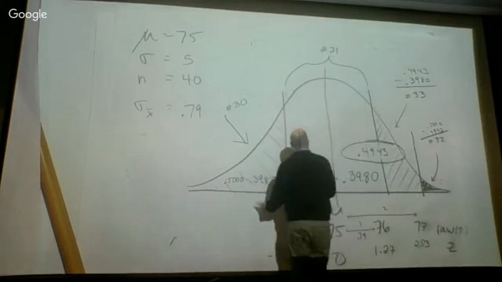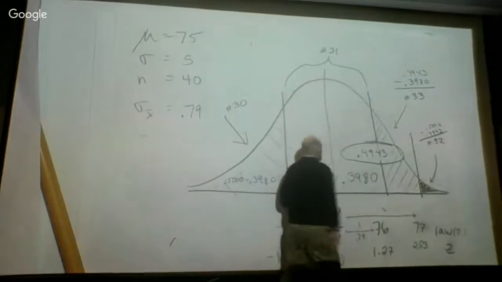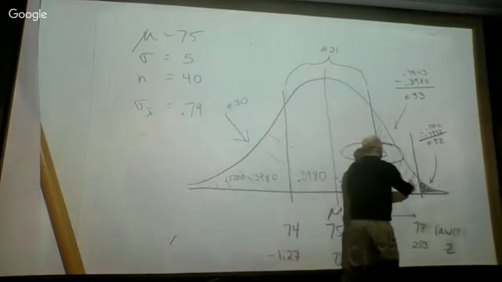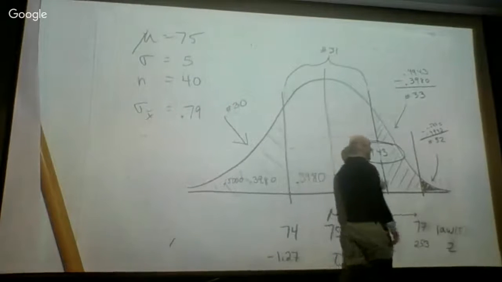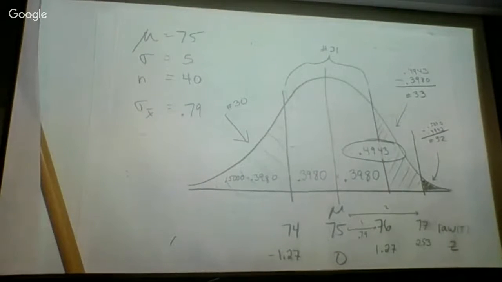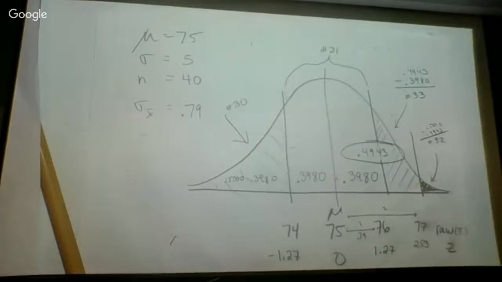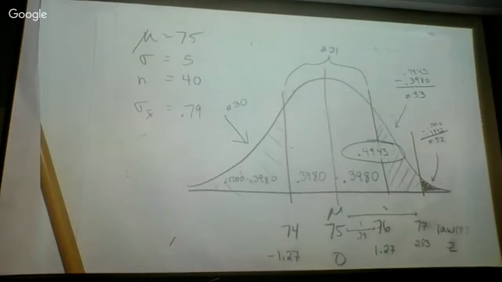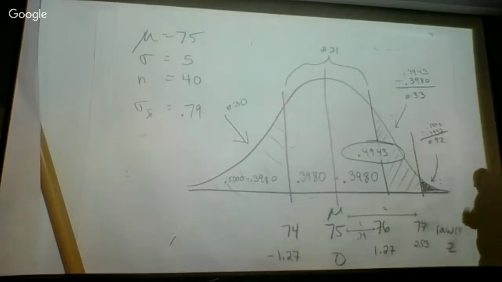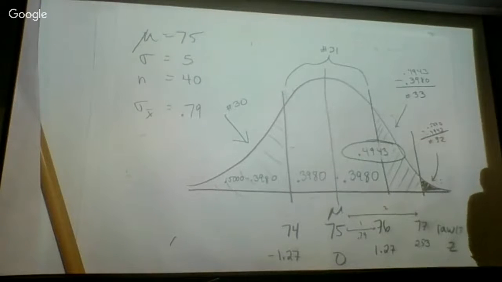Taking a tail, adding 2 things which are on the opposite side, subtracting 2 things because the 2 areas are on the same side, or again, finding a tail. Provided I remember the direction of all of those correctly, which is less than 74, greater than 77, between 74 and 76, and between 76 and 77.